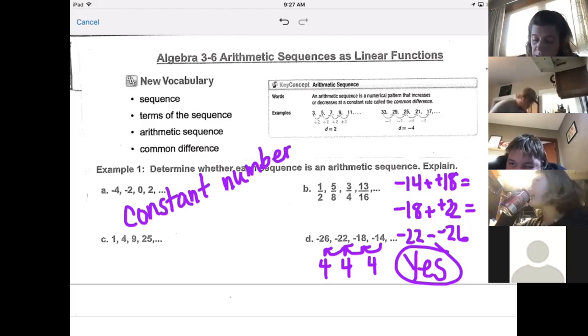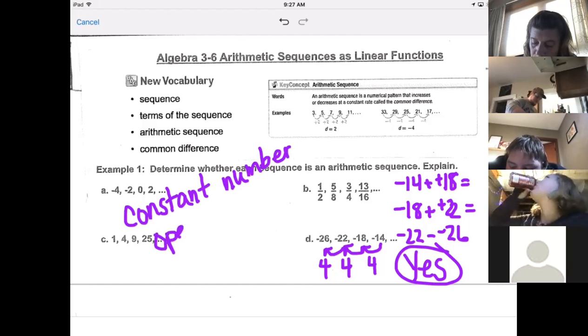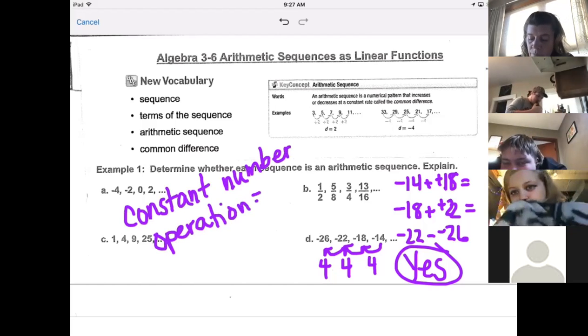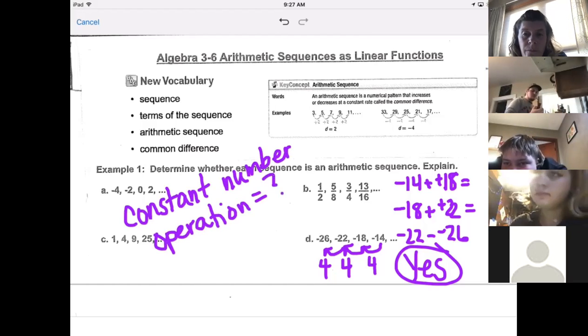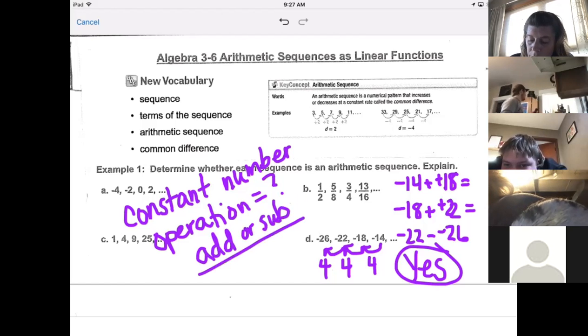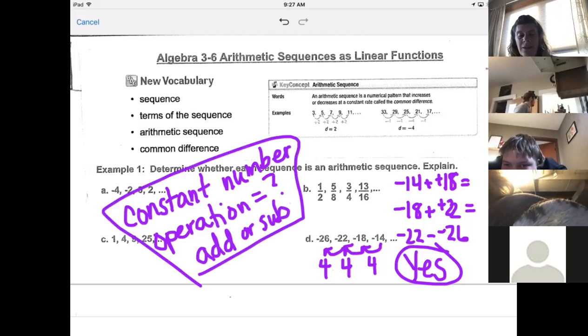What is the operation that you do with that constant number? Add it. Add or subtract, right? Because if it's a negative, it would be subtraction. Okay, so arithmetic sequence, you're adding over and over and over again.